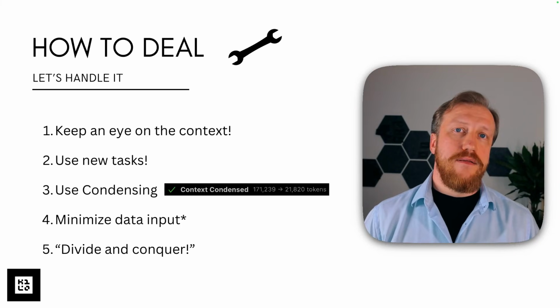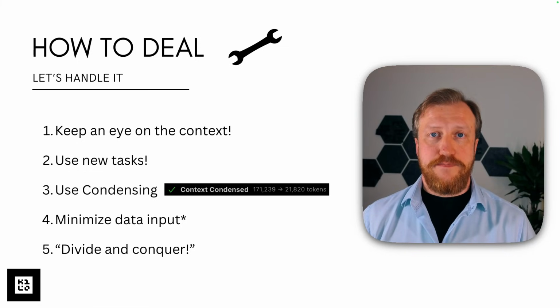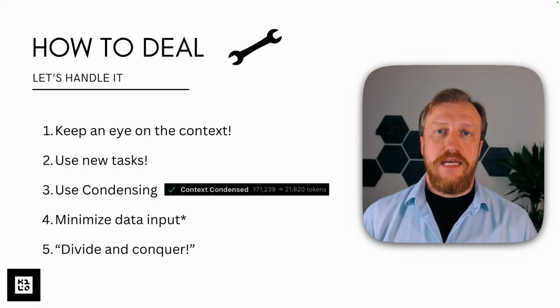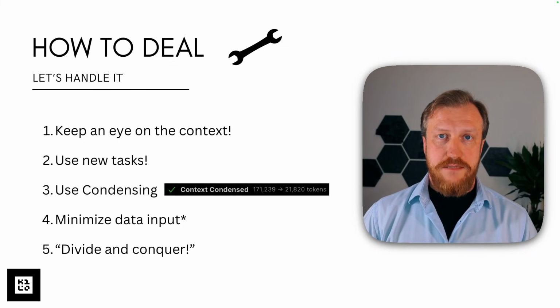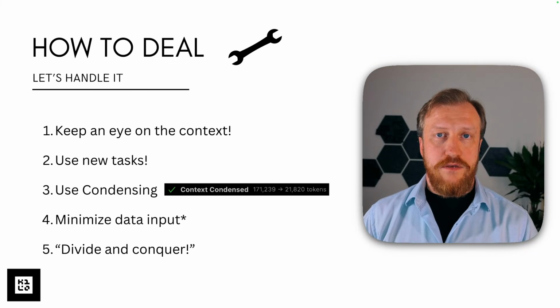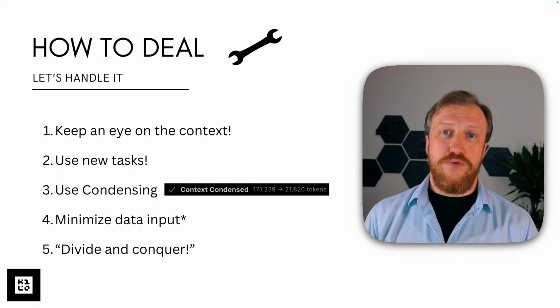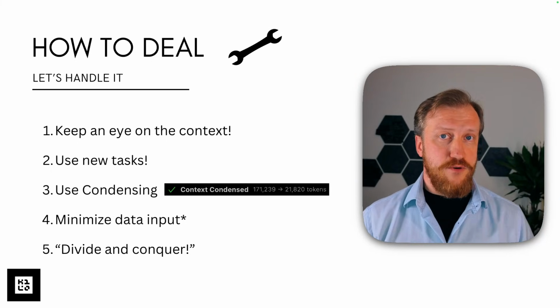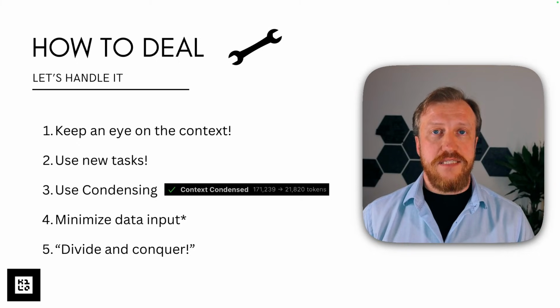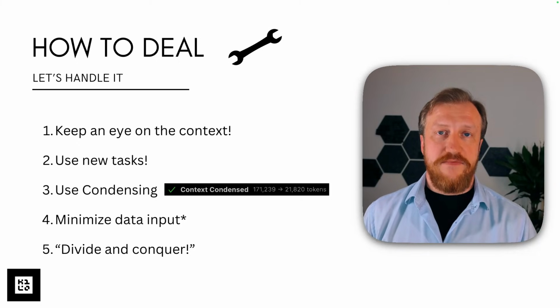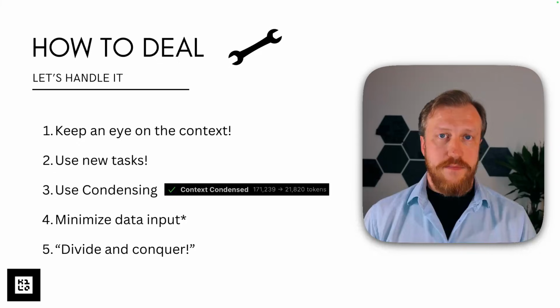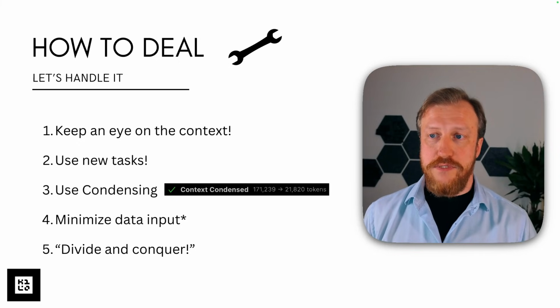How we deal with the context size and the context window. Keep an eye on the context. We use new tasks as often as possible, and if we need to explain what this project is about again and again, we use custom rules or memory bank, agents MD, something like that. I will talk about all of those things in future episodes.